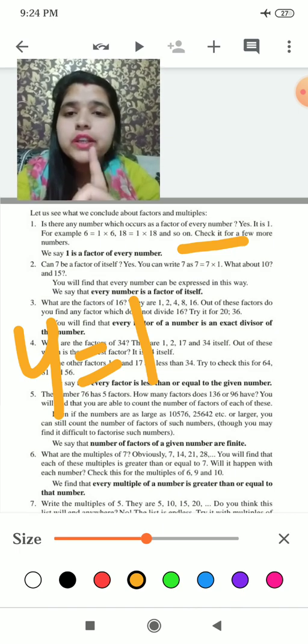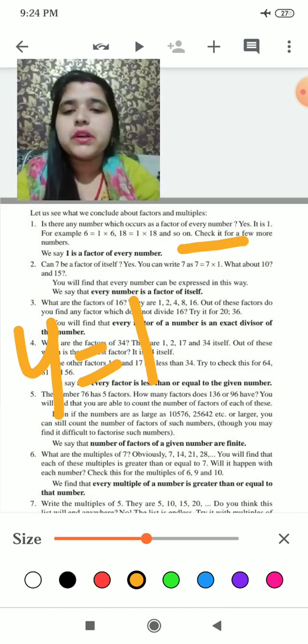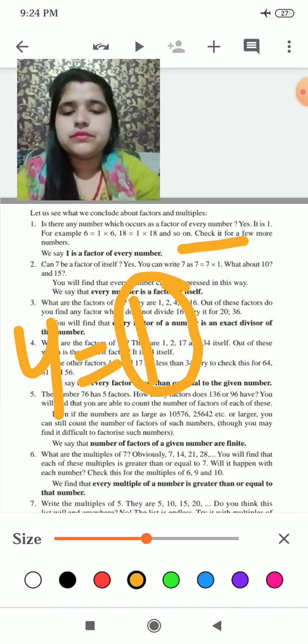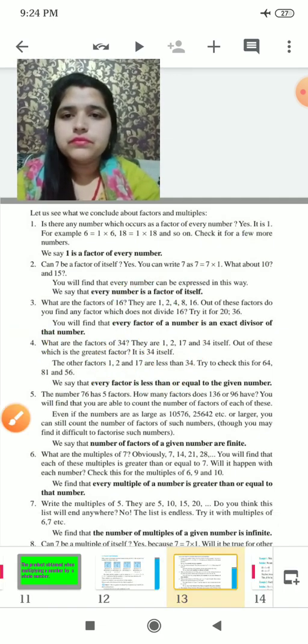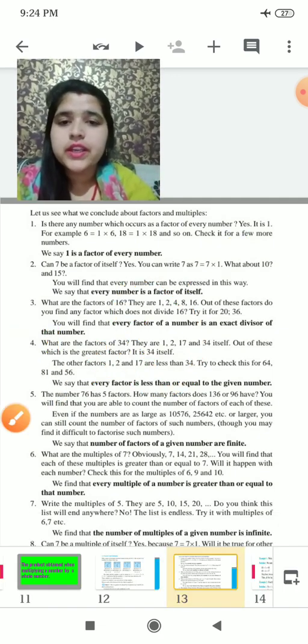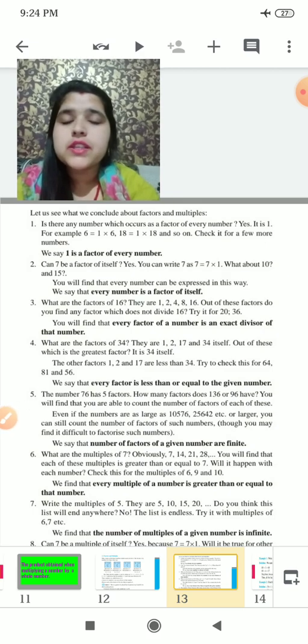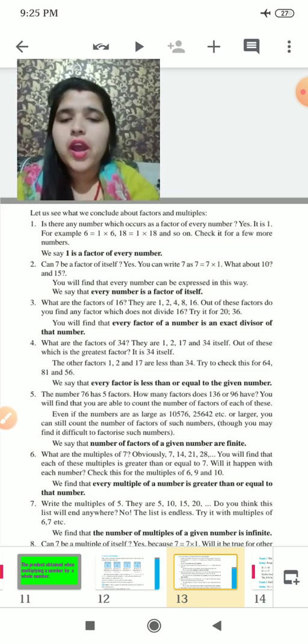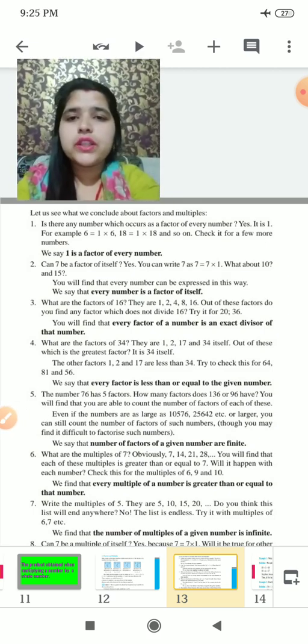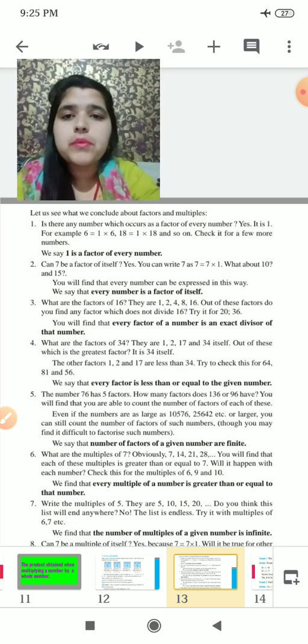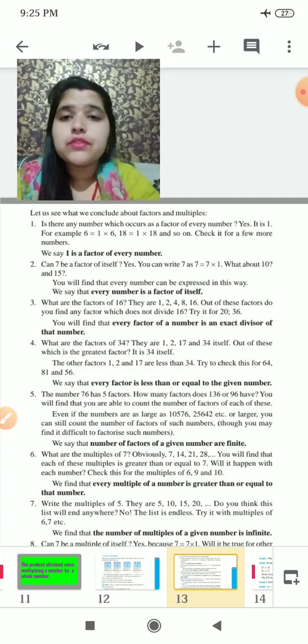We will definitely start from the smallest number, that is 1. Now second is every number is a factor of itself. If I am talking about, find the factors of 49, so 49 will come in the table of 1, 7, 49. It will definitely come in its own table also.